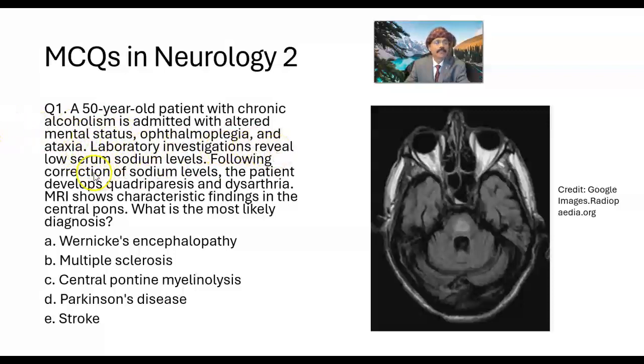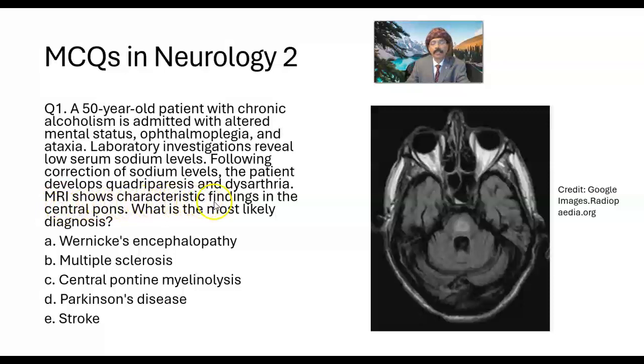Laboratory investigations reveal low serum sodium level. Following correction of sodium level, the patient develops quadriparesis, all four limbs are weak and not functioning, and dysarthria, he cannot speak properly.